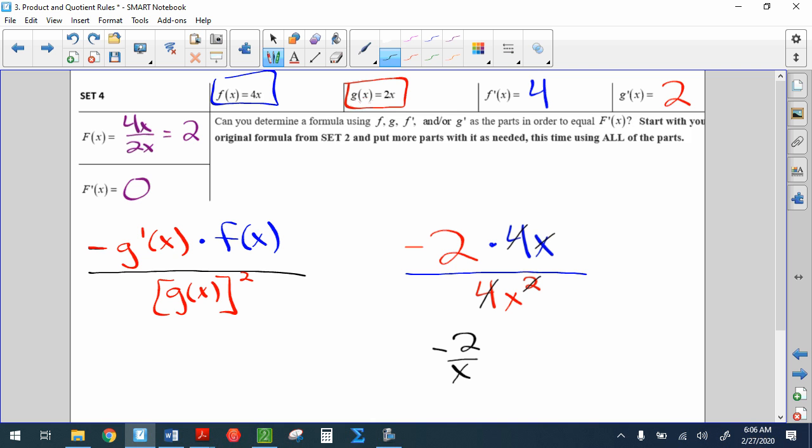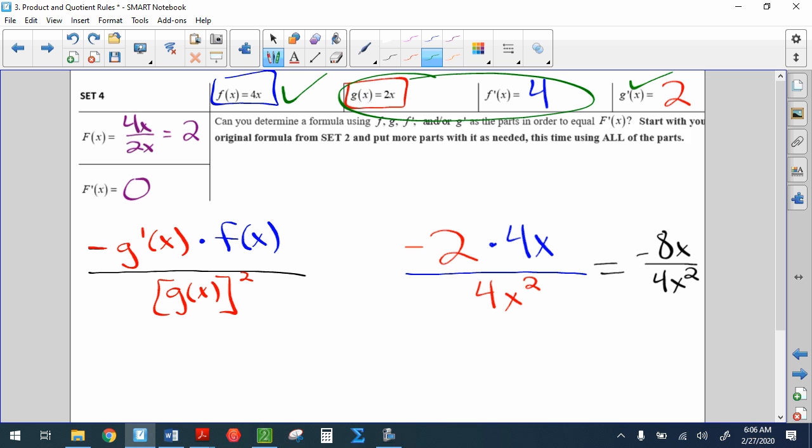So instead of looking at it as canceling out, I could look at it as I have a negative 8x on top of the fraction over a 4x squared. So if I can get a positive 8x to add to that, I'll have it. Well, the positive 8x is going to come from, let's see, we've already used g prime and f.